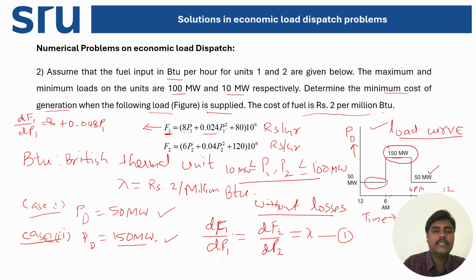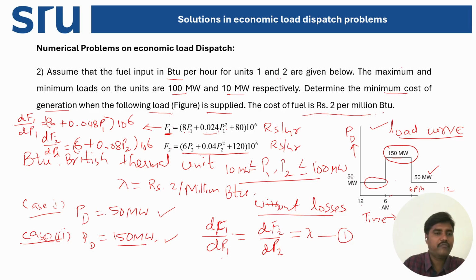The 80 into 10 power 6 term will become 0. But for these two terms, you have to consider 10 power 6. Similarly, dF2 by dP2, if you differentiate this particular equation, you will get 6 plus 0.04 into 2, so you get 0.08 into P2, all multiplied with 10 power 6.